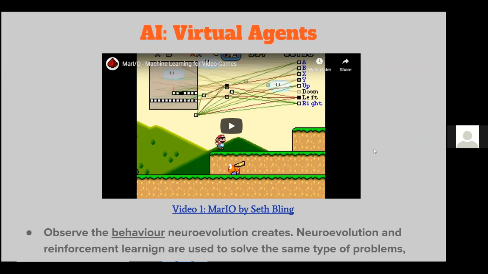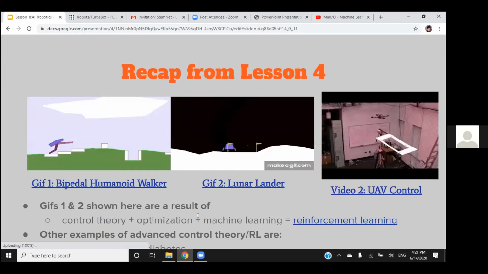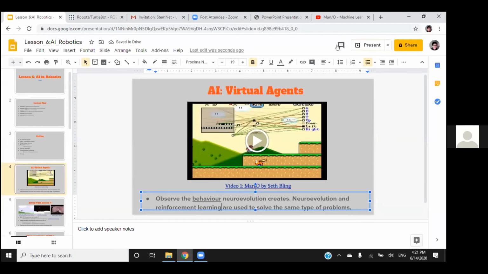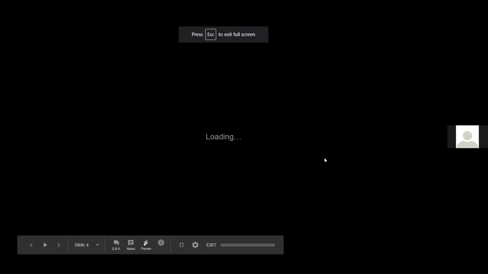Basically, the principles behind this algorithm, and in the fourth week's video, are used to solve the same types of problems.